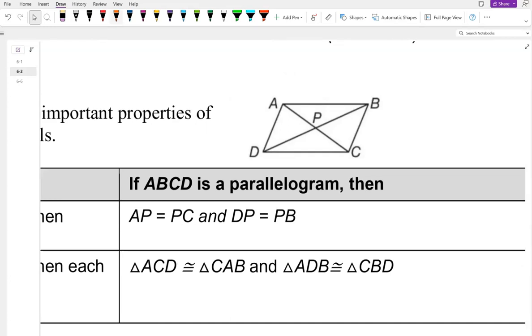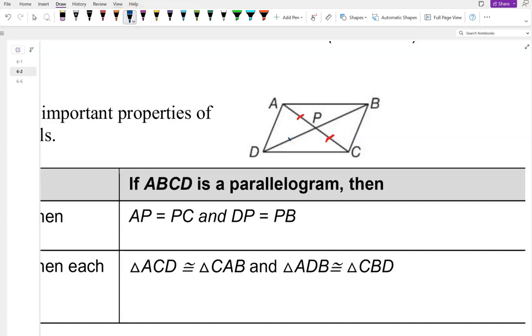What that means is they basically just cut each other in half. So this line AC cuts this line DB perfectly in half, which means this part here is equal to this part here, which is what it's telling you right there, AP equals PC.